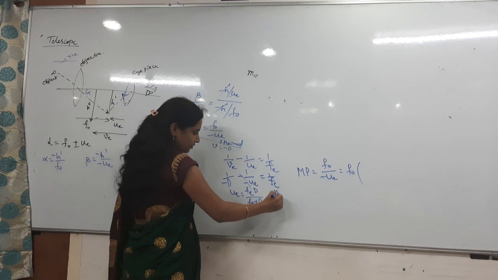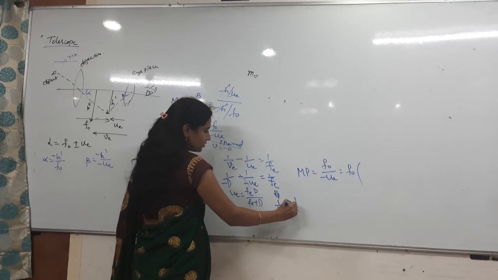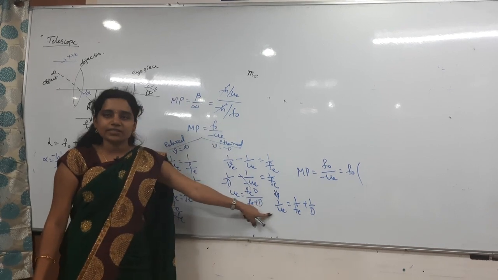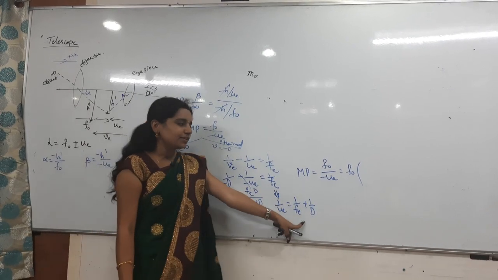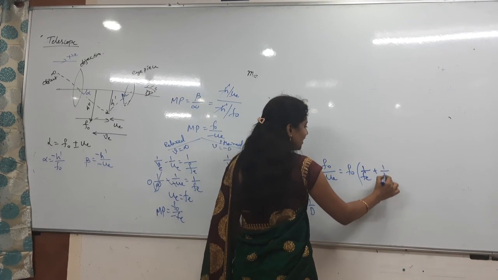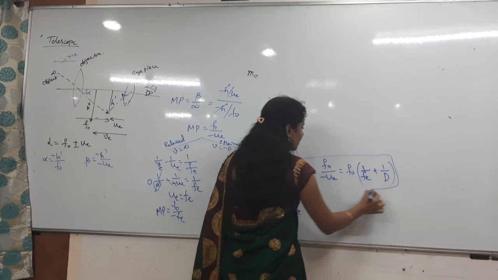Directly we can write from here only. See that 1 by UE is equal to 1 by Fe plus 1 by D. Correct? Instead of writing this and all, I am writing directly this one. So 1 by Fe plus 1 by D. That is the magnifying power.